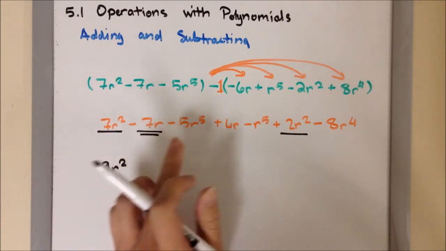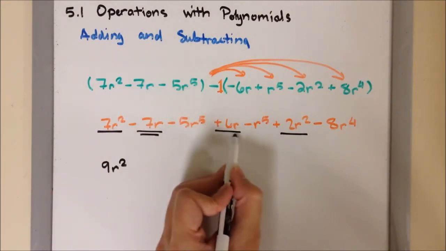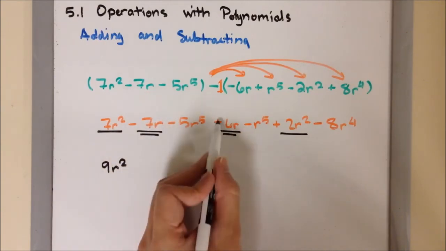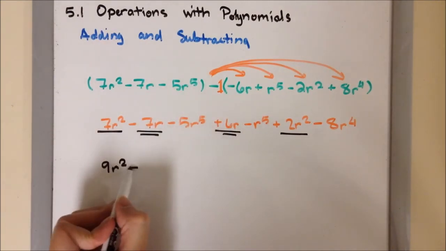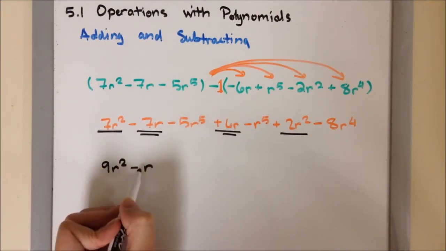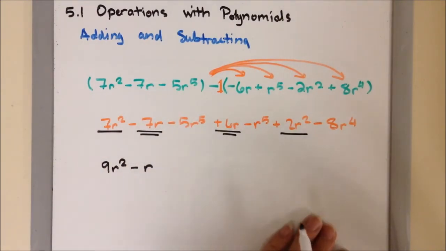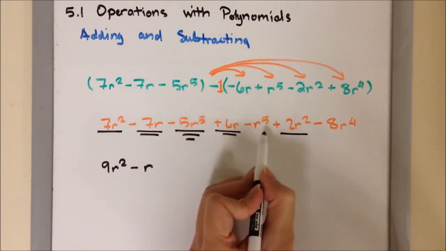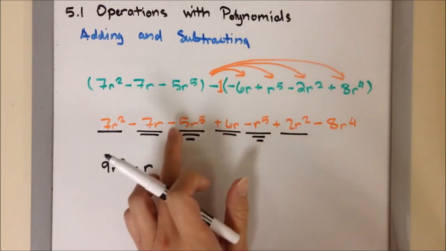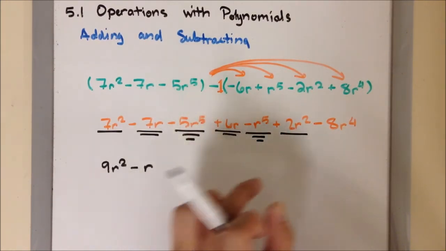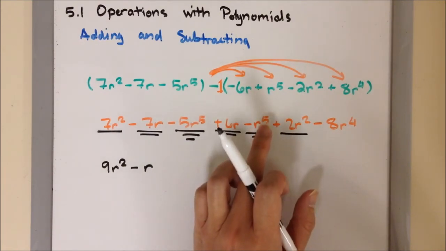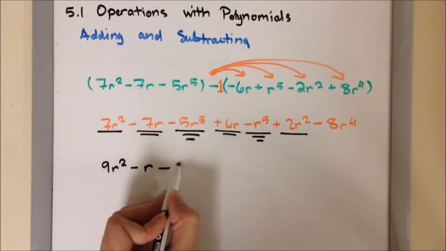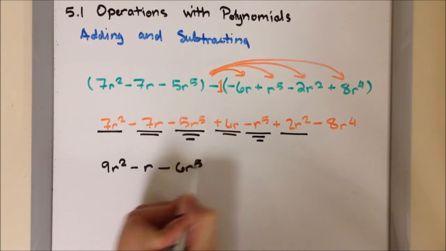Next is just the r, and I do have one right here. So it's negative 7r plus 6r. It will be negative r, or you could write negative 1r. Doesn't matter to me. The next one is r to the 5th, and I do have another one right here. So negative 5r to the 5th minus r to the 5th will be negative 6r to the 5th.